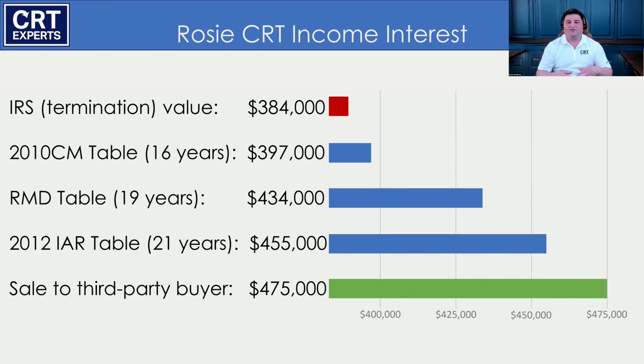In most cases, as I mentioned, the income interest is going to be saleable at the top end of that range, sometimes a little bit above, like in the Rosie's case. They're not getting some huge premium. This isn't driving people to sell, but if the sale makes sense for the client, we can run through this exercise to confirm that, okay, we're getting fair value here for the income interest.